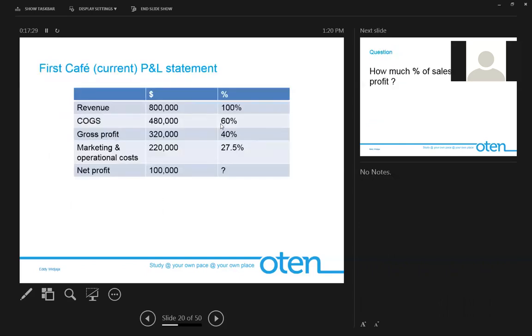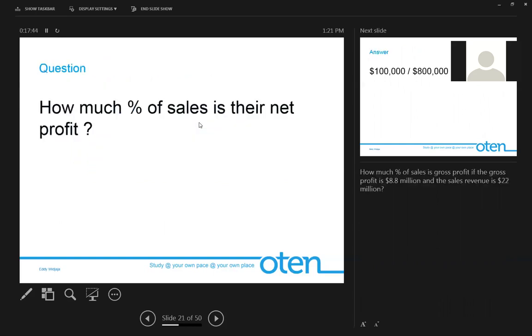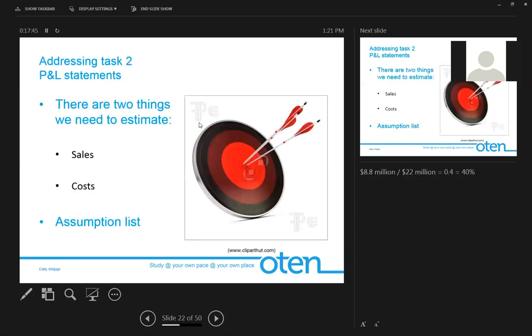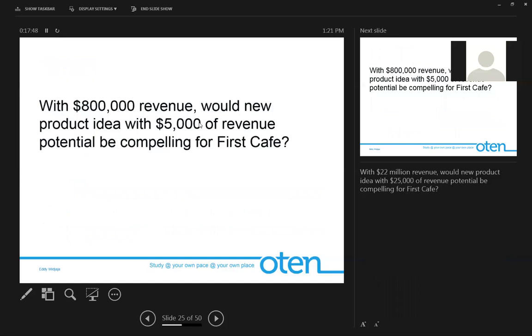There you go. So that's costs: $480,000 out of $800,000. How do I get $480,000? Well, if you look at the case study, it is 60%. 60% of $800,000 would be $480,000. So the cost is 60%. Now, what does it mean for us?